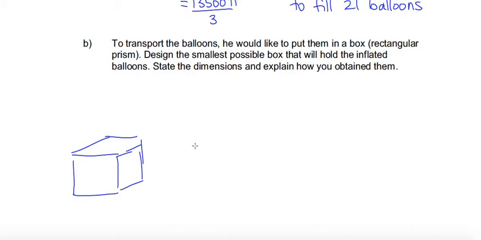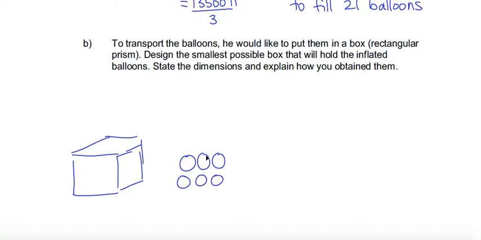So I want 21 balloons, so I might build a box that would fit 24 balloons. That might be an option for me. So I'm going to start by stacking my balloons. I might put 3 balloons along the bottom, 2 rows along the bottom.